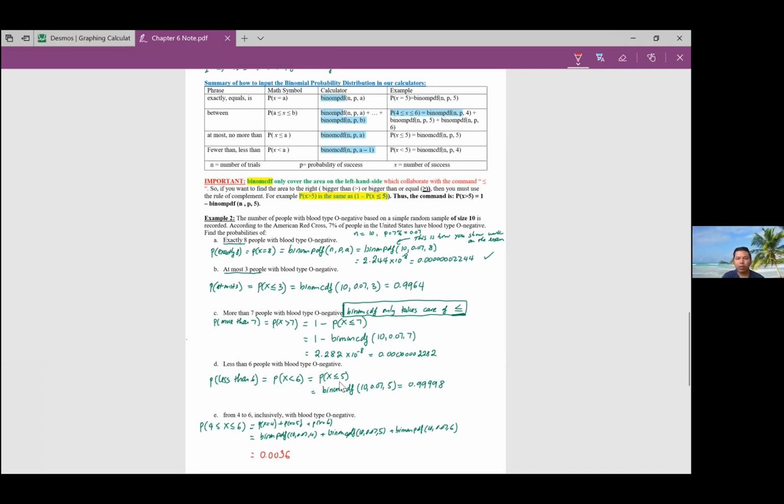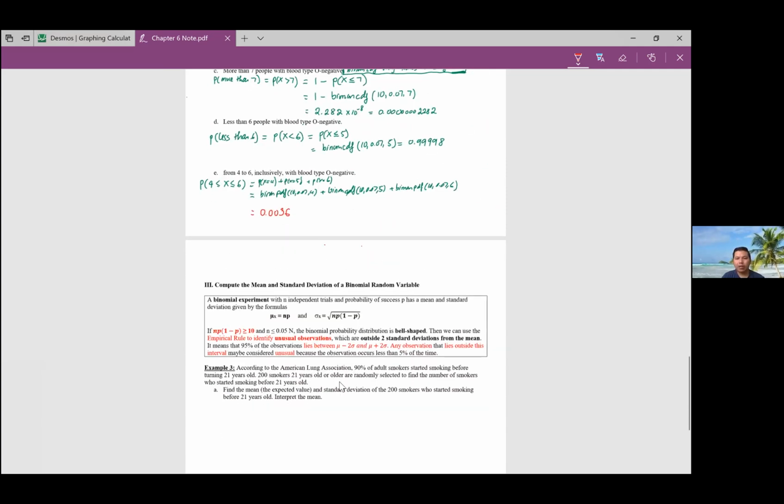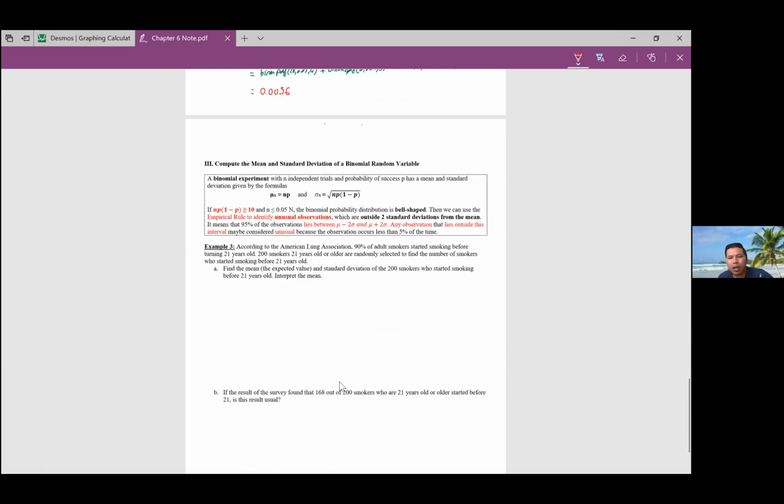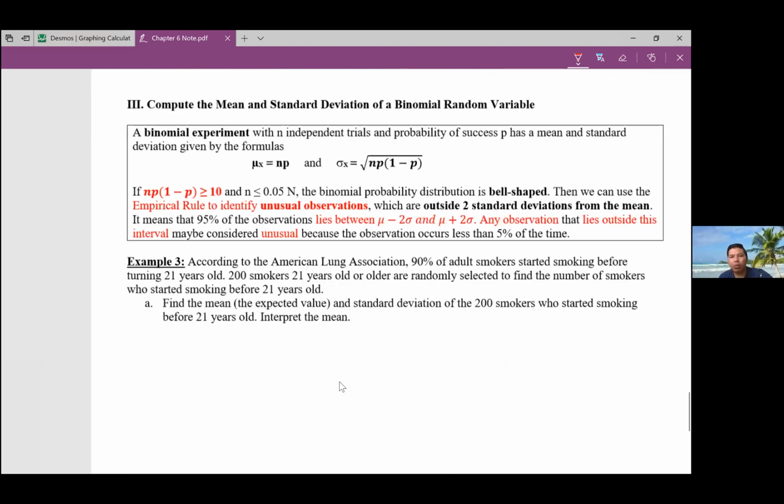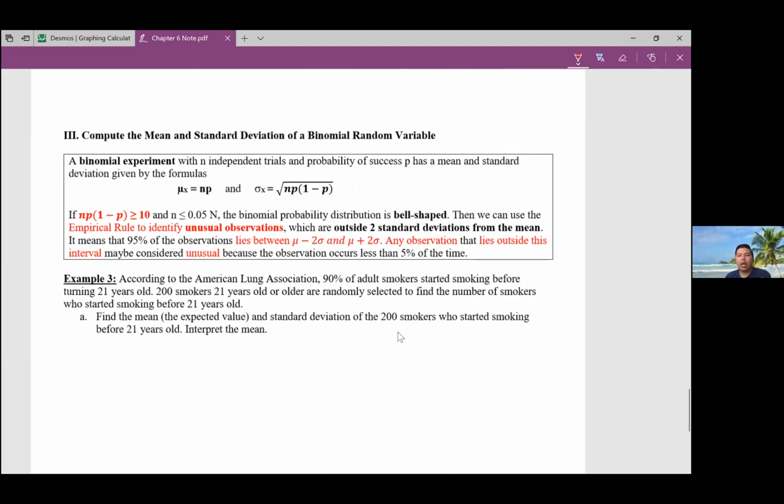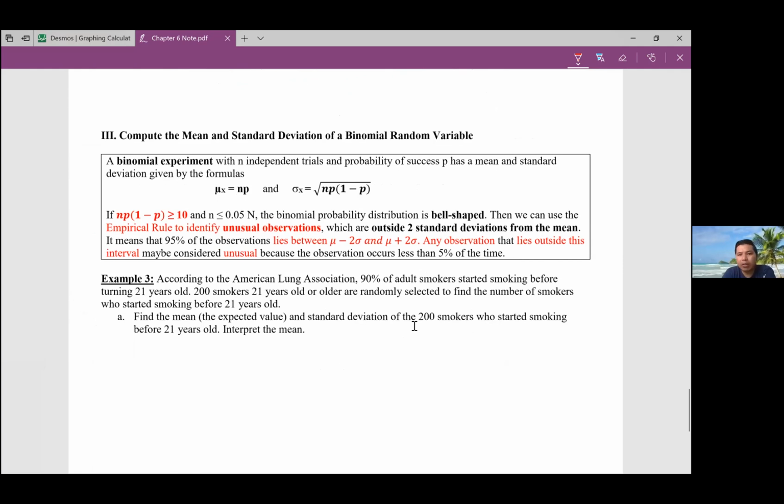Okay, so the last thing in here will be how do we find the mean and the standard deviation of a binomial random variable with probability of success p. It is given by the formula, right? So the mean will be n times p. So you want to find out, okay, I'm flipping a coin 10 times and the probability of success each time is 1/2.